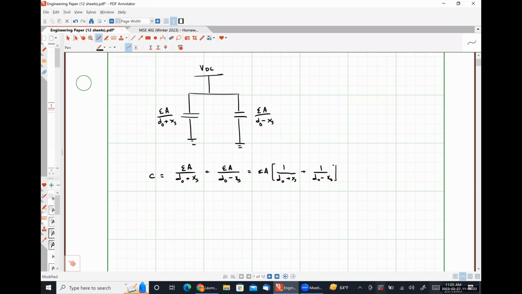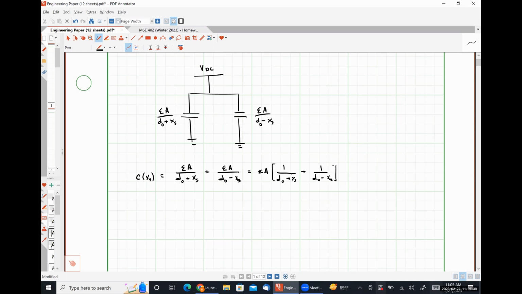This is your C. Your C naught would just be twice epsilon A over D naught. So this is C as a function of XS, since that's the only variable here.